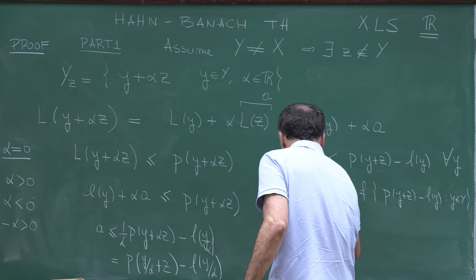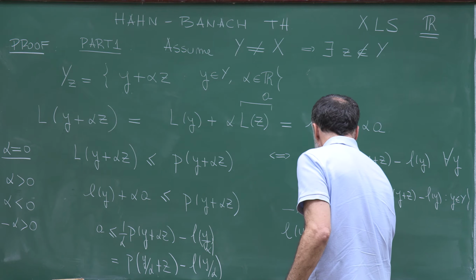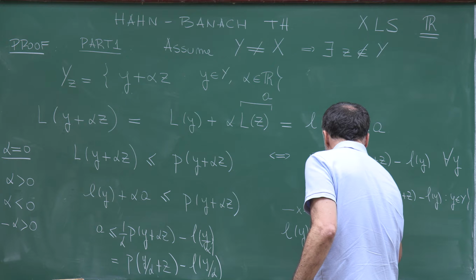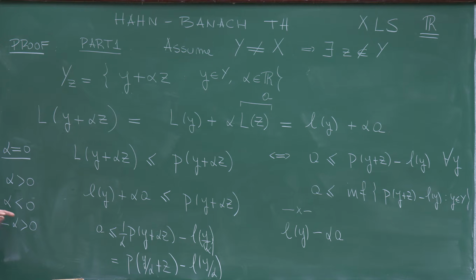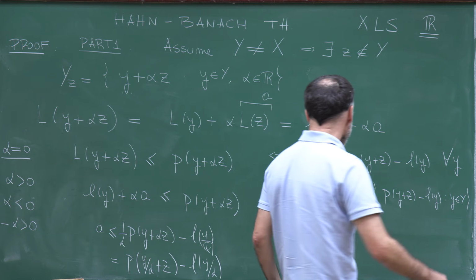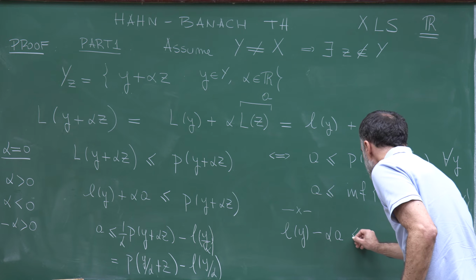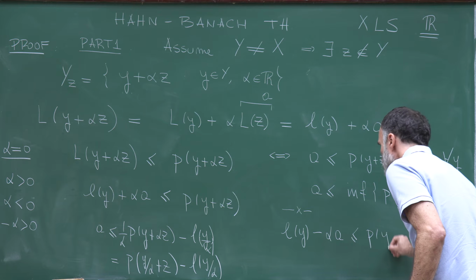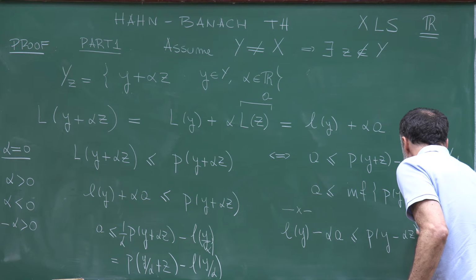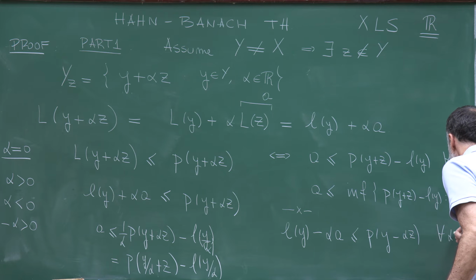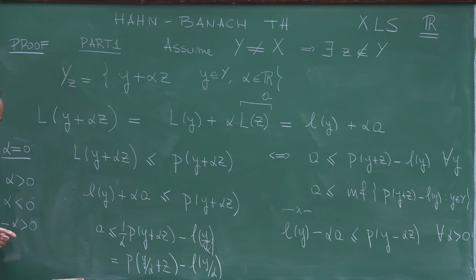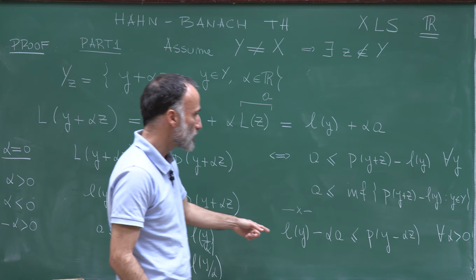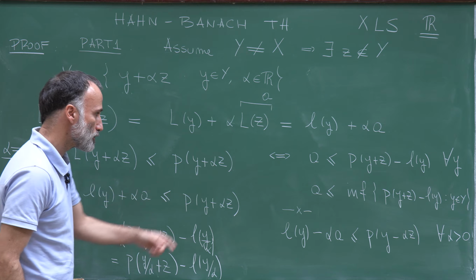So this means that Ly minus alpha... requiring this for all alpha negative is the same thing as requiring this for all alpha positive. Right? Asking that for all alpha negative is the same thing as asking this for all alpha positive.